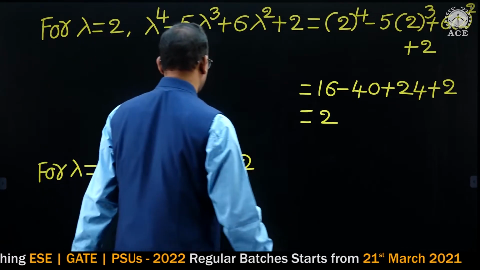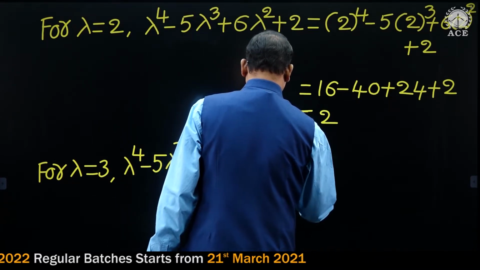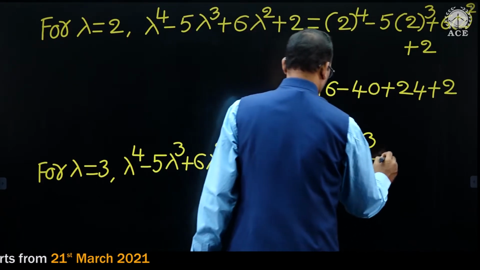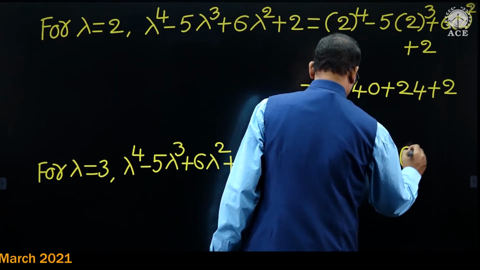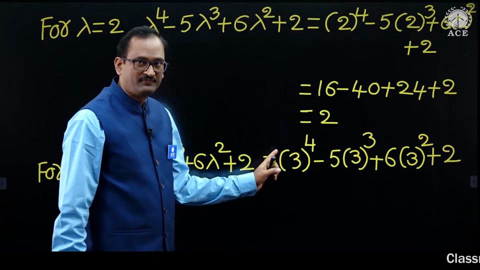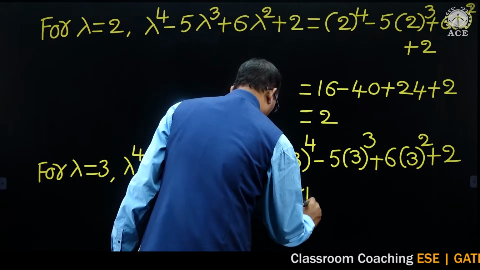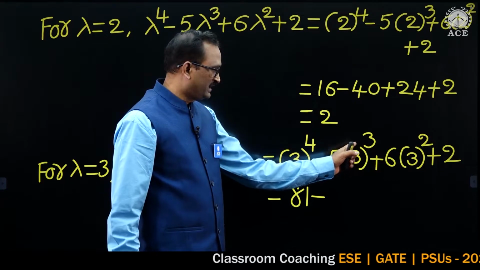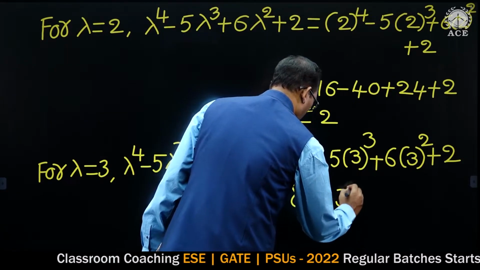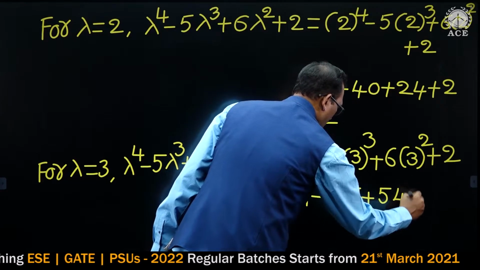Lambda value 3, substitute there: 3 to the power of 4 minus 5 into 3 cube plus 6 into 3 whole square plus 2. 3 to the power of 4 that is 81, minus 3 cube 27 into 5, 135, plus 54, plus 2.